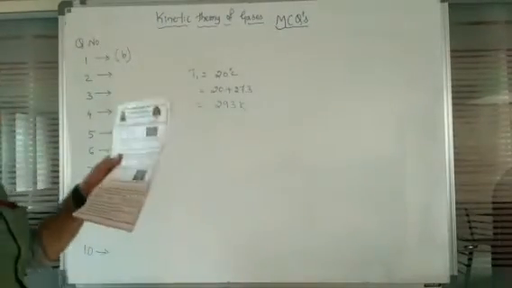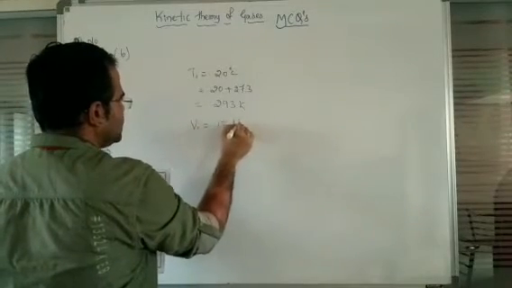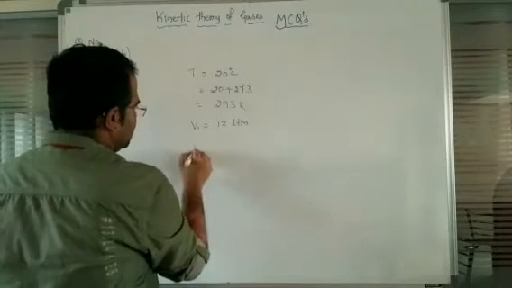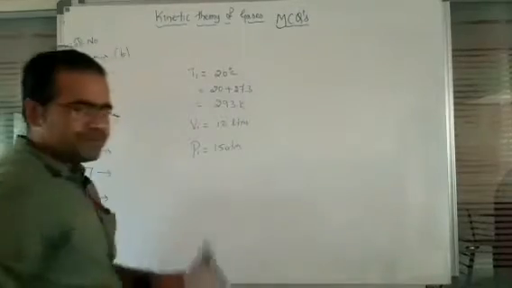The initial volume V1 is 12 liters. Next, the pressure P1 is 15 atmospheric pressure.